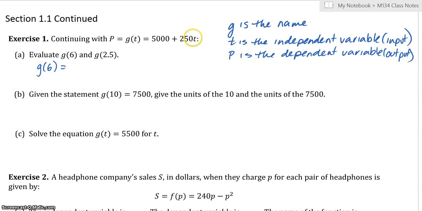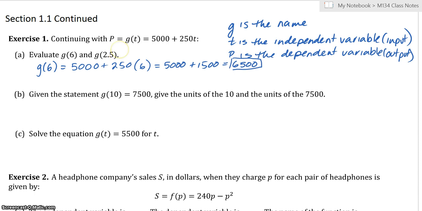So I'm going to just plug in a 6 there. 5,000 plus 250 parentheses times 6, which is 5,000 plus 1,500, which is equal to 6,500.